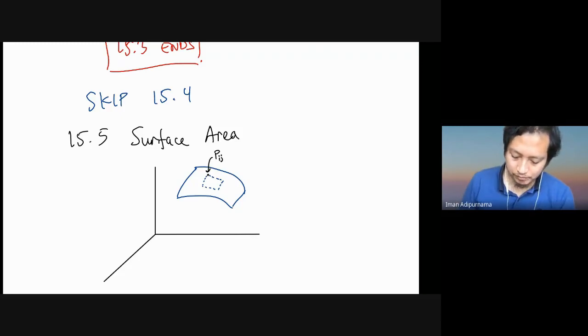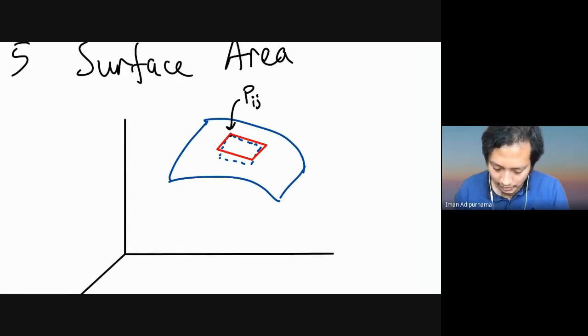And then from this P, we can draw its tangent plane. Let me draw here and here. That's the tangent plane. So now you can see the gap here, right, between the plane and the surface.